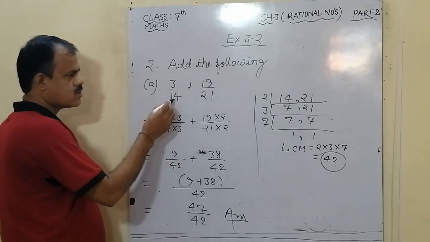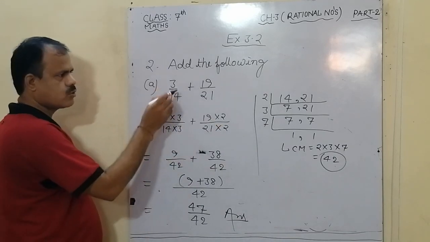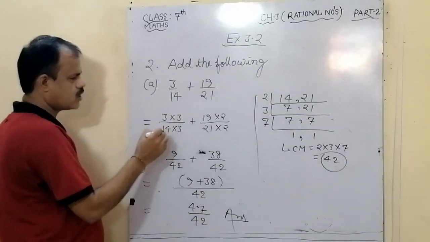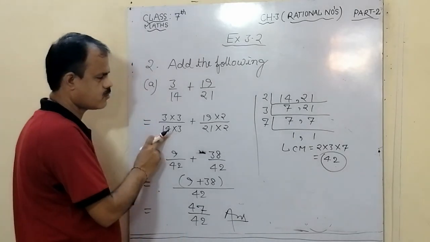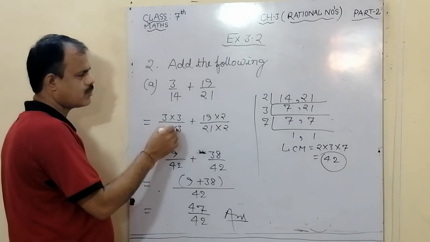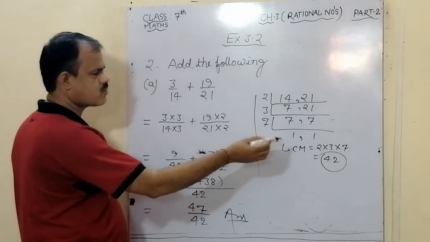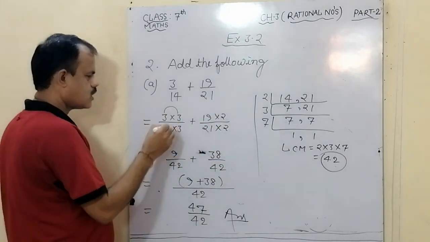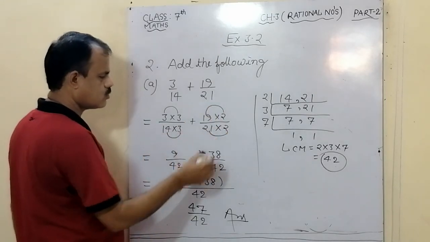Now we change 14 into 42 and 21 into 42, to make these like fractions. So for 3 by 14, by what number do you multiply 14 so that it becomes 42? Yes, 3. So we multiply both numerator and denominator by 3, plus 19 by 21. 21 into 2 becomes 42, so we multiply by 2. Now see here, 3 threes are 9, 14 threes are 42, 19 twos are 38, 21 twos are 42.